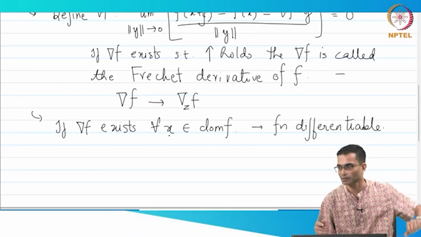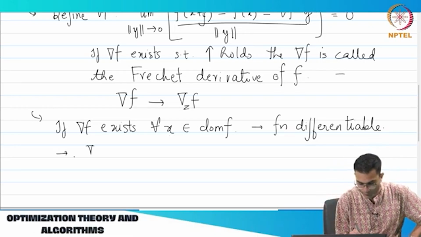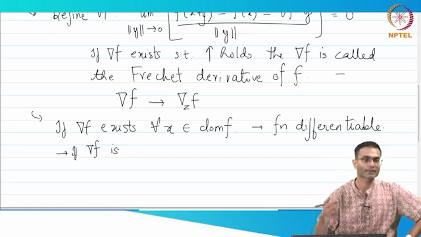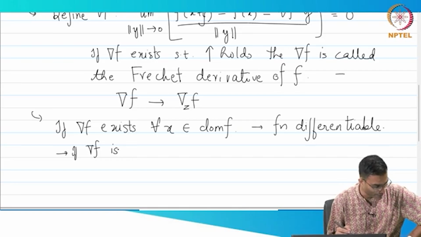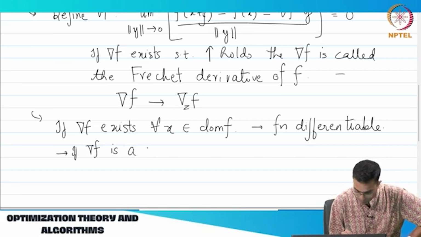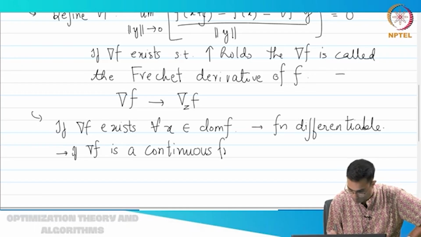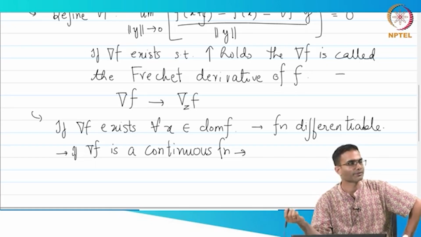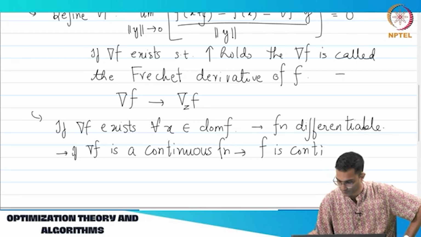Then you call the function to be differentiable. Okay. Further, if grad f, now that grad f has been defined, if it is continuous, right, that's a further restriction. It need not be continuous. Okay, but if grad f is a continuous function, then f is called continuously differentiable. Just some definitions.